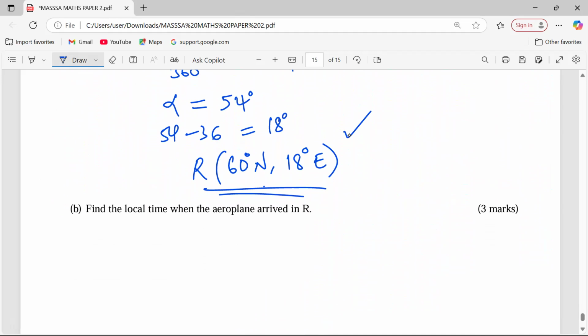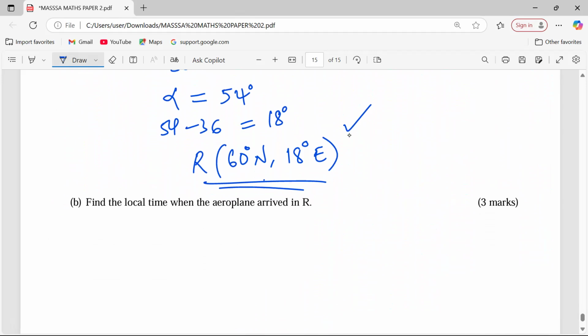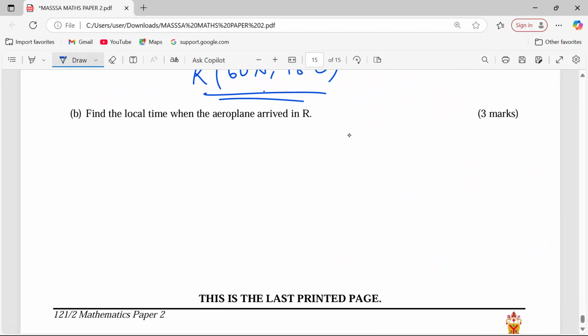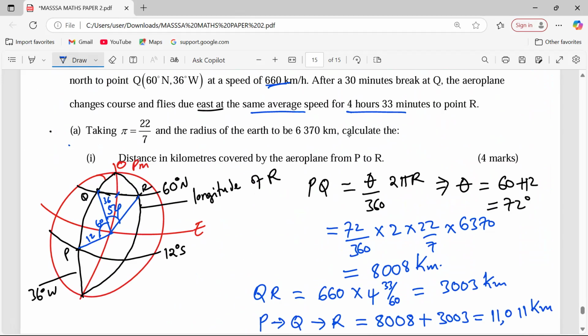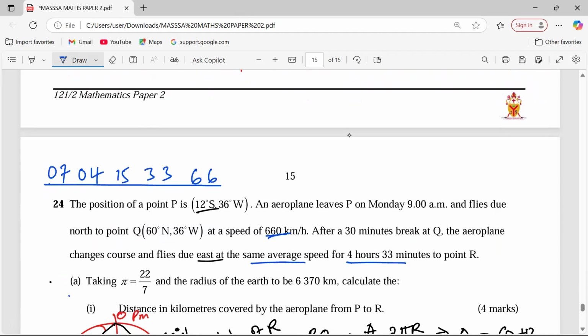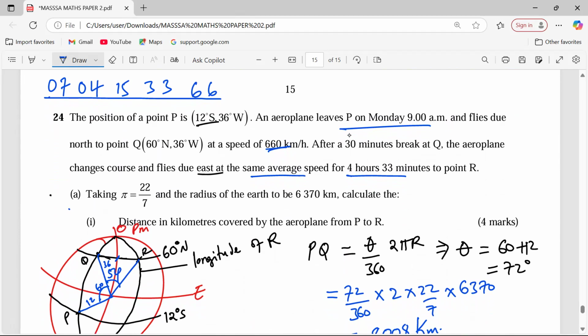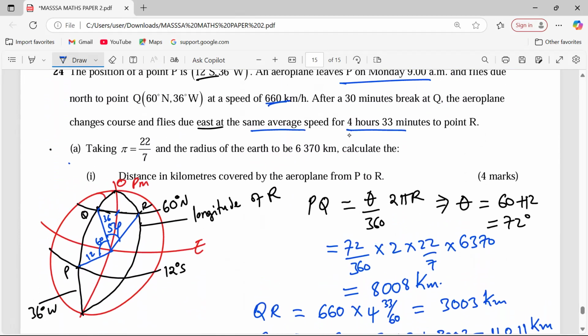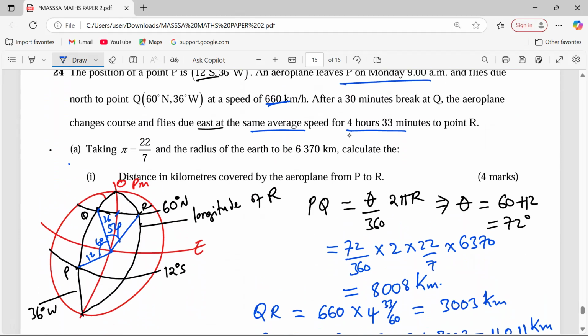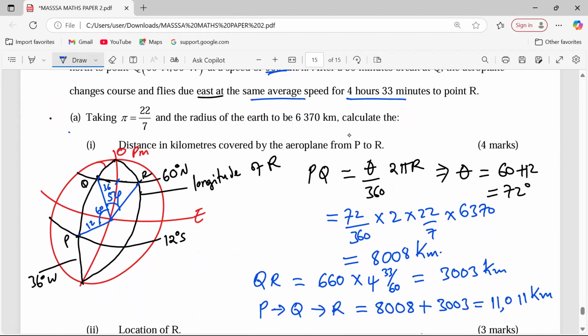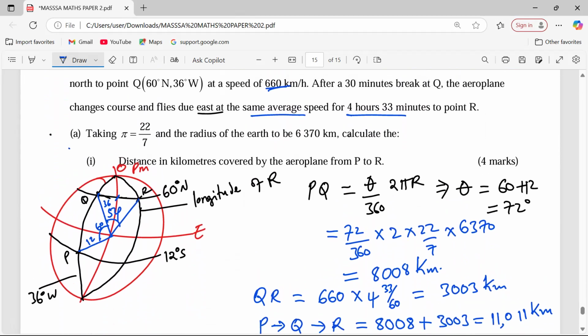We have the final part now, whereby we are asked to find the local time when the plane will arrive at R. Remember, the plane is going to leave the first point on Monday at 9 a.m. Then it's going to cover a distance of 8,008 at a speed of 660.